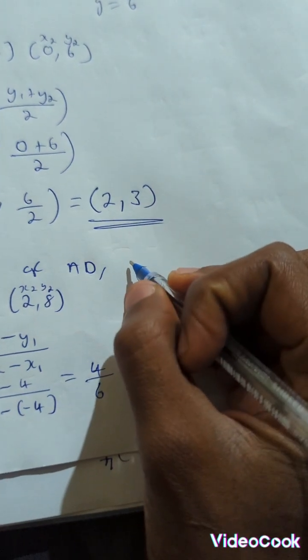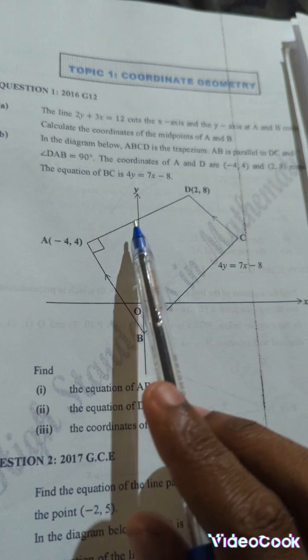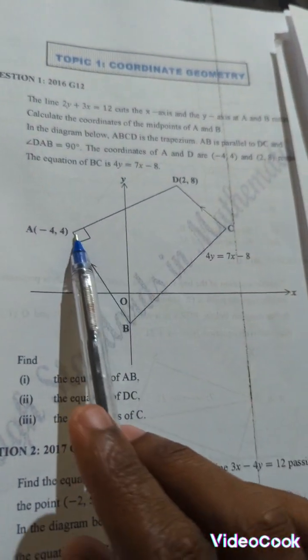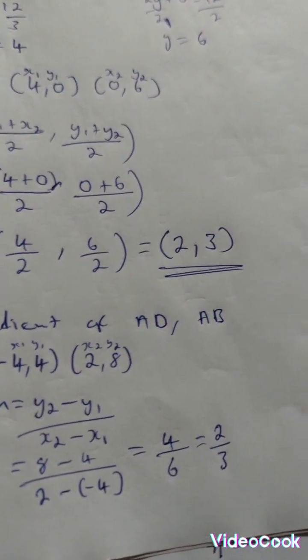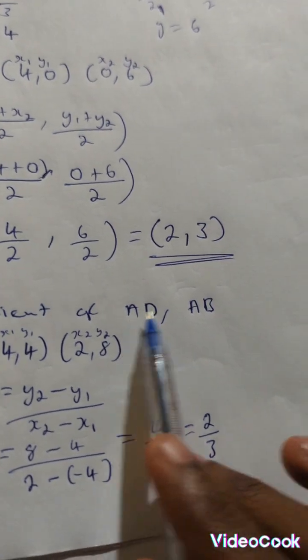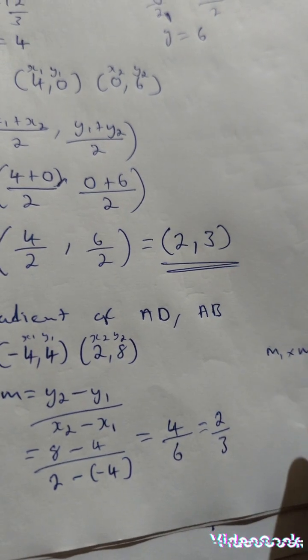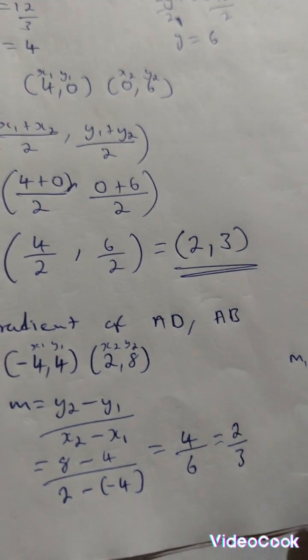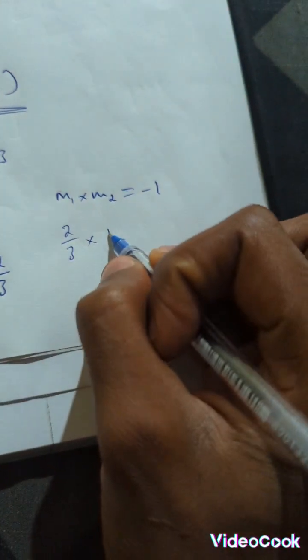But the examiner wants you to find the equation of AB. We found the gradient of AD, and AD is perpendicular to AB. So we're going to change the gradient. We all know that if lines are perpendicular, m1 times m2 is equal to negative 1, where our m1 is 2 over 3, then times m2, which is what we're looking for.